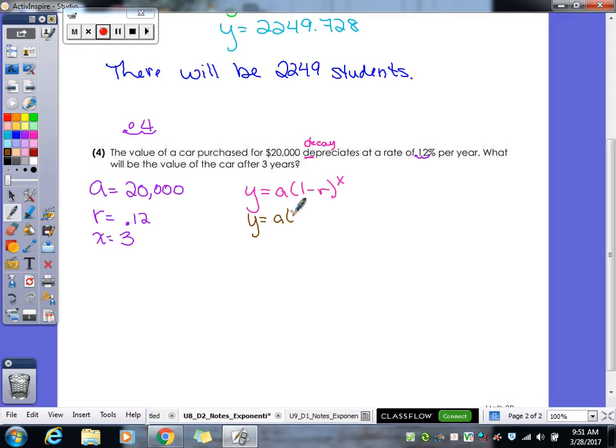So we got 20,000, 1 minus 0.12 to the third. So when I subtract, what's our number inside our parenthesis? 0.88. So 20,000 times 0.88 to the third.